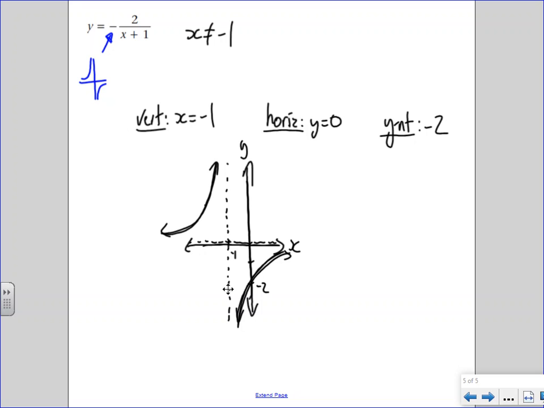And again, the reason why I know it's in those two regions is looking at that. Because there's a negative fraction, that means it's going to be in the top left and the bottom right. I found my vertical asymptote, I found my horizontal asymptote, I found one other point. That gives me enough information for me to draw my hyperbola.